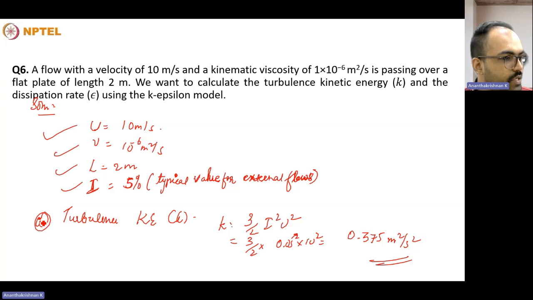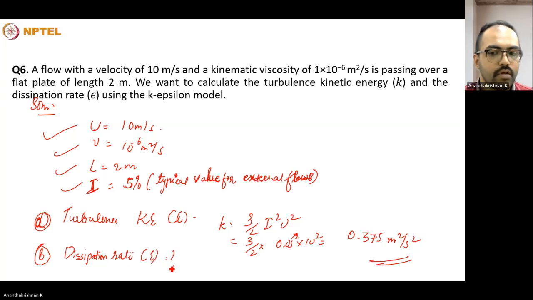And the second portion is we need to calculate the dissipation rate, epsilon. Based on the turbulence kinetic energy and the empirically determined constants and the length, we can determine the value of the dissipation rate.